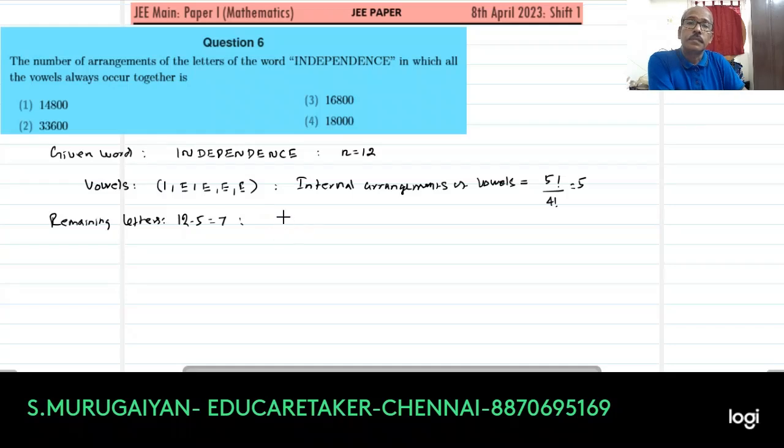D 2 times, E already counted, P 1 time, N 3 times. So 3 plus 3, 1 more, and C 1 time.